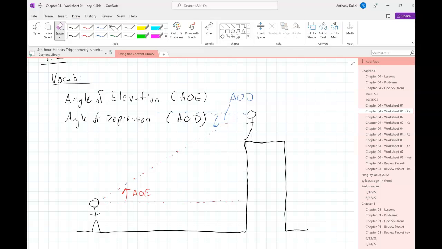What do you notice about the angle of elevation and the angle of depression in this situation? They're congruent. Why are they congruent? Because they have parallel lines.